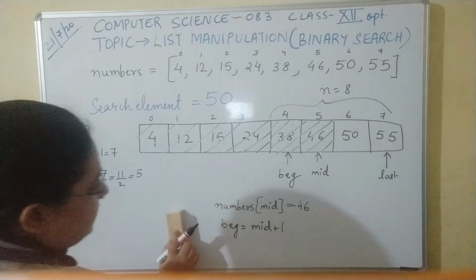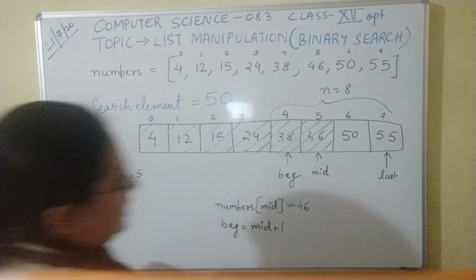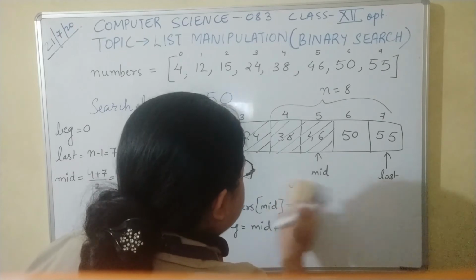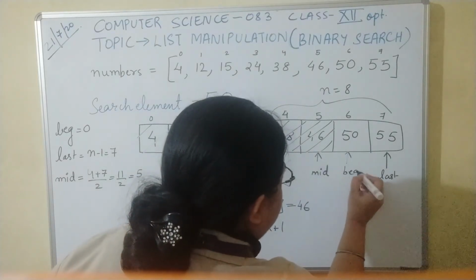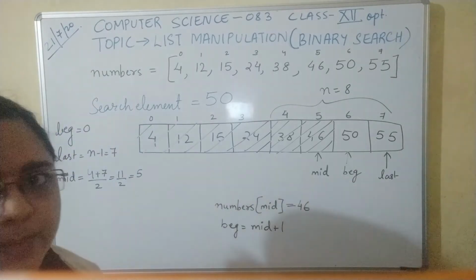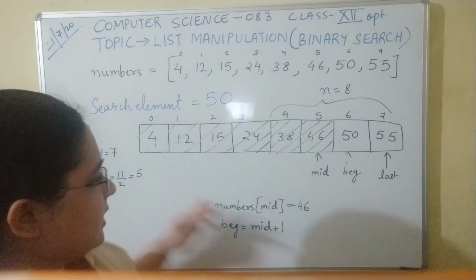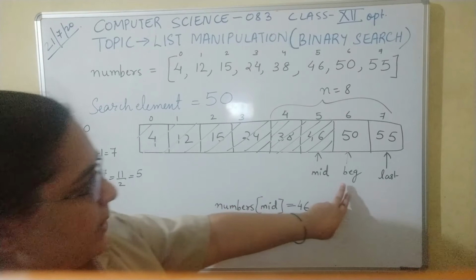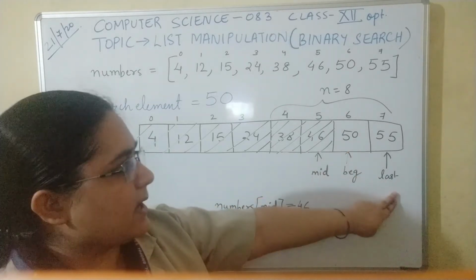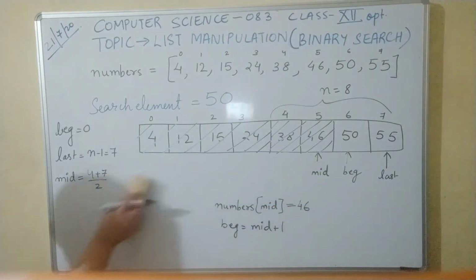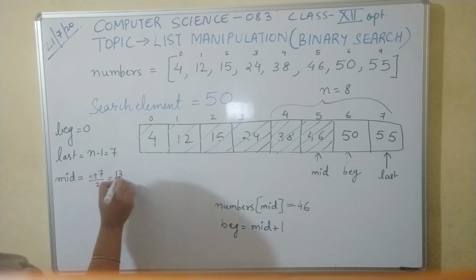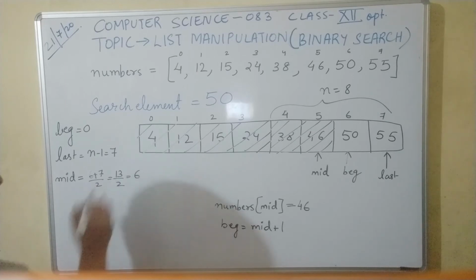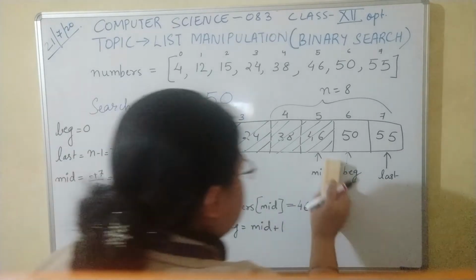So for this again beg will be equal to mid plus 1. So here we will be writing beg. This is beg. So now our new beginning is 6 and our last is 7. Let us again calculate mid. 6 plus 7 divided by 2. It is 6. So now mid is also this.